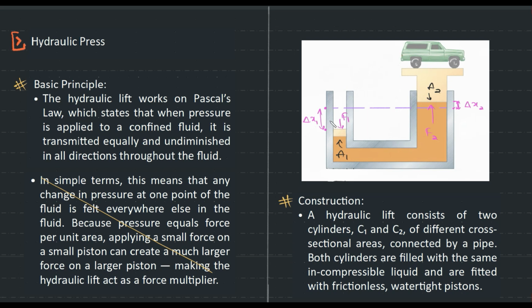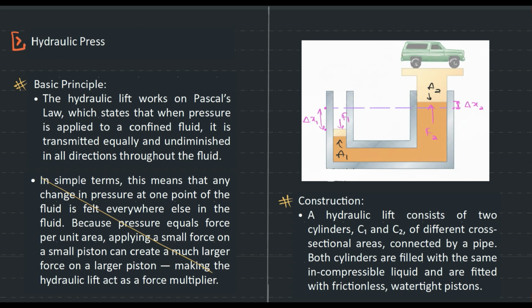It's a simple thing. We have a liquid in an airtight scenario, with cylinders or pistons that are frictionless and airtight. So if I apply a force at this end, the other end will experience a force. It's like pushing a rod at one end, the other end will also move. Something like that, but in this case, it's liquid. Okay, so that's the setup.